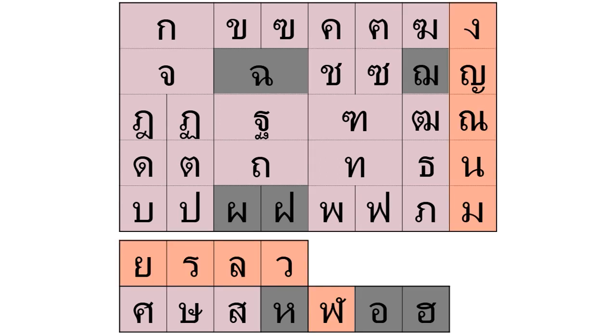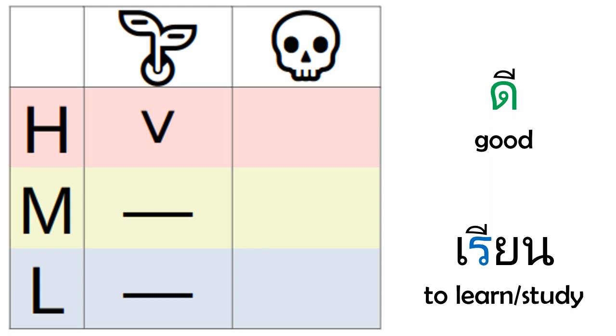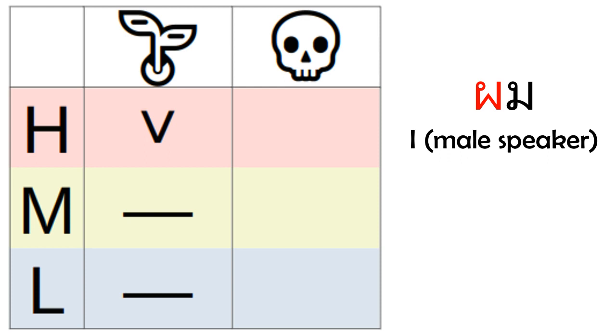So let's start with the easier of the 2 kinds of syllables, which is the live syllables. If the consonant is mid or low class, the tone is the middle tone, your usual tone without any other tone shenanigans, rising, lowering, or whatever, while the high class consonants will have a rising tone.